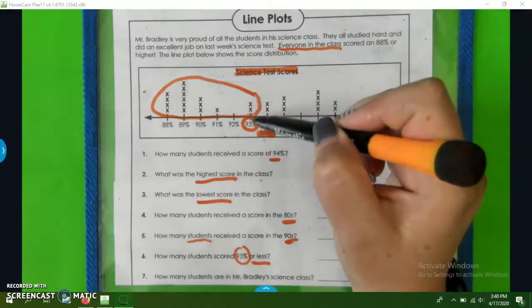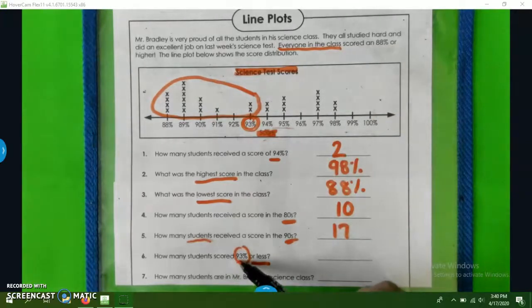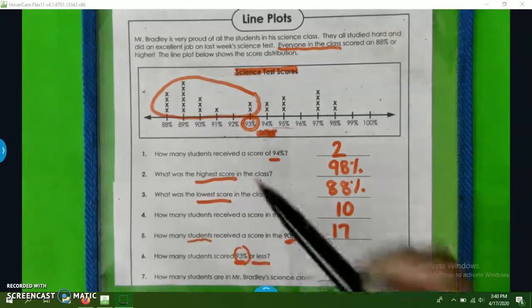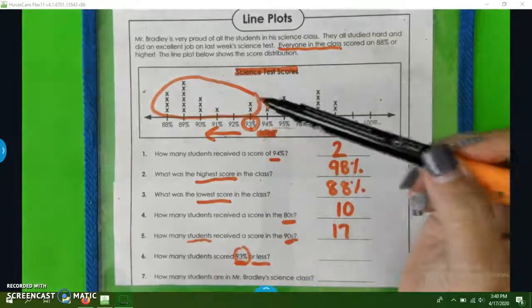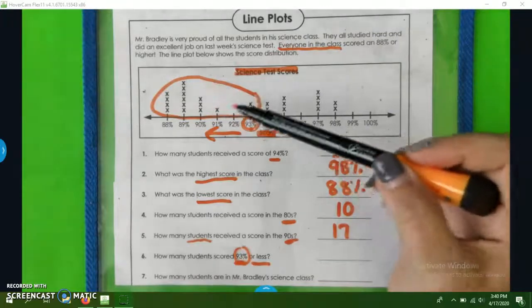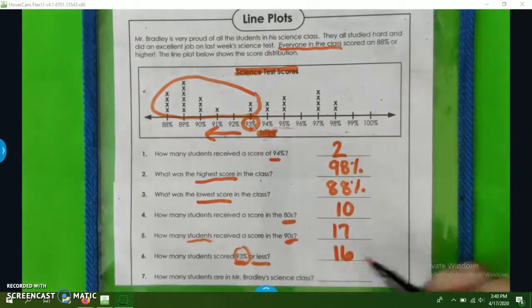But the important thing here is that we are going to include the people who got a 93. How many students scored 93 or less? Go ahead and count those up. And then you should have 16.